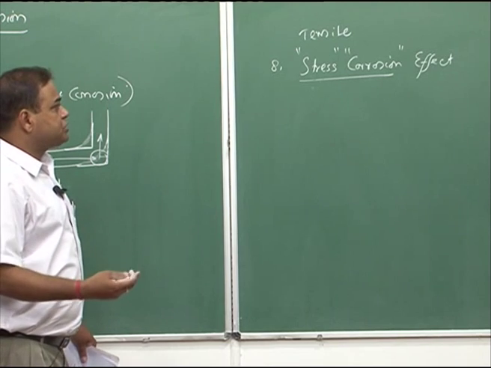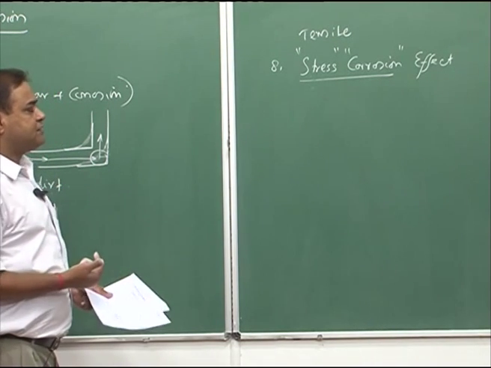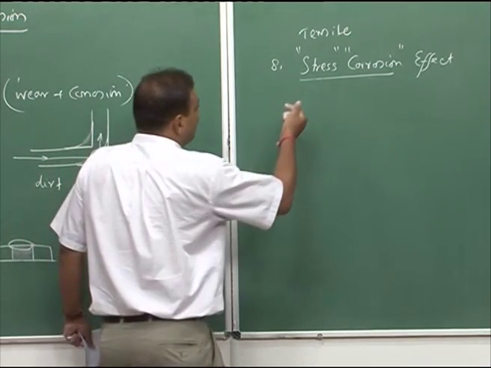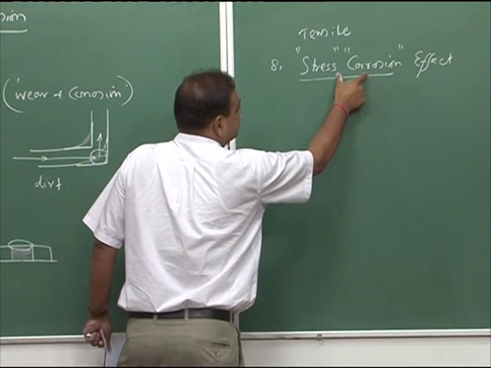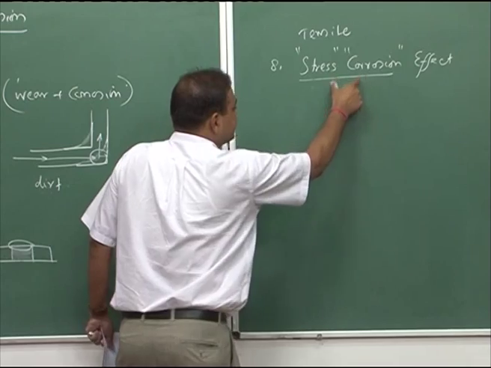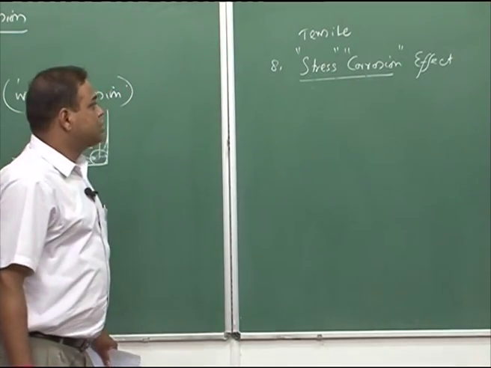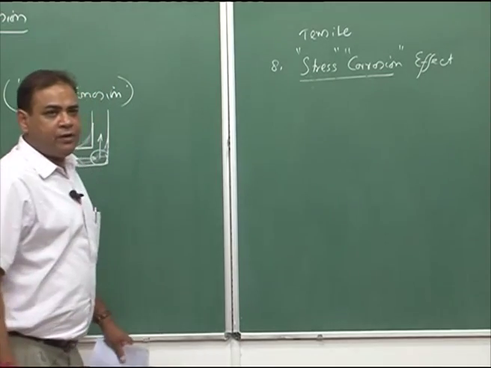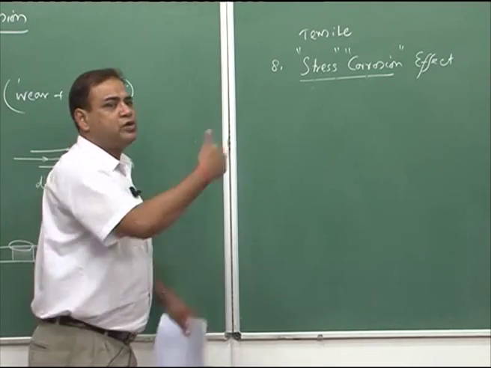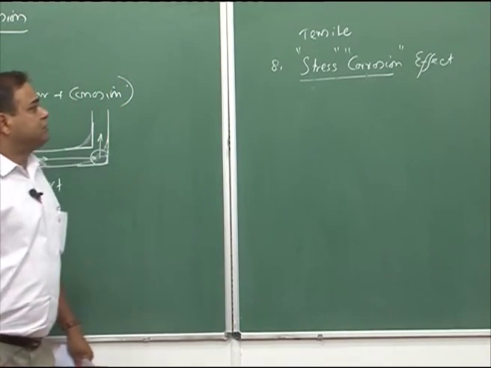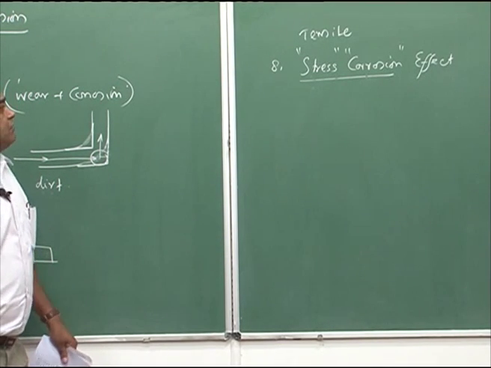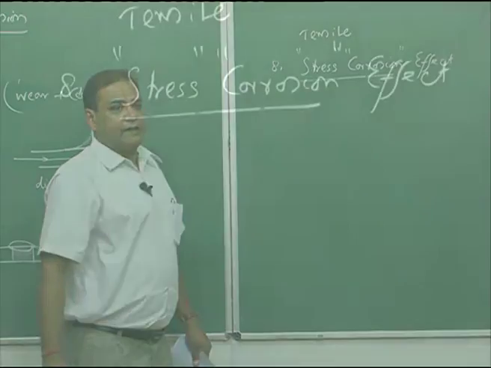So, the final damage would be a combination of stress and corrosion, but the initiation of that damage could be due to corrosion or due to stress. But both should combine to lead to the final catastrophic failure in the case of the stress corrosion effect.